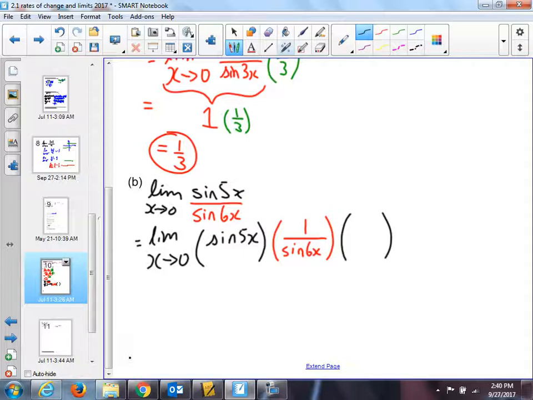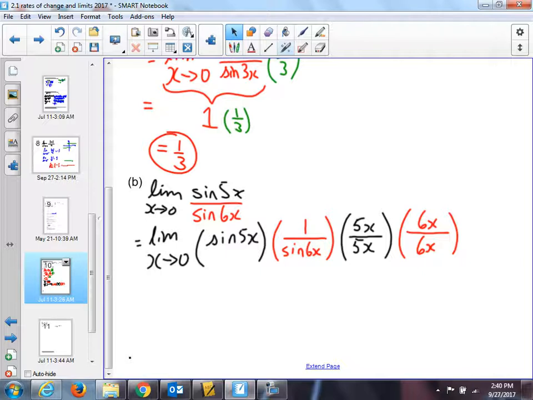I need to multiply by 5x over 5x, correct? Yeah. Now, I'm going to just insert this here. I'm going to show my work for you. And likewise, I need 6x over 6x.